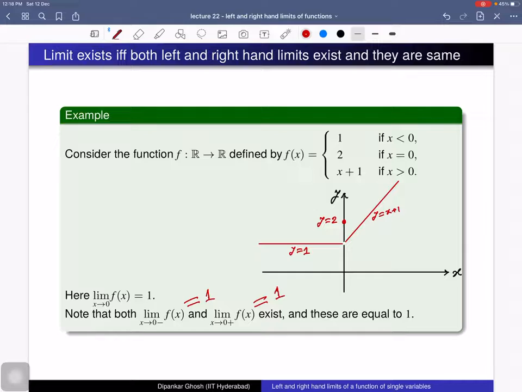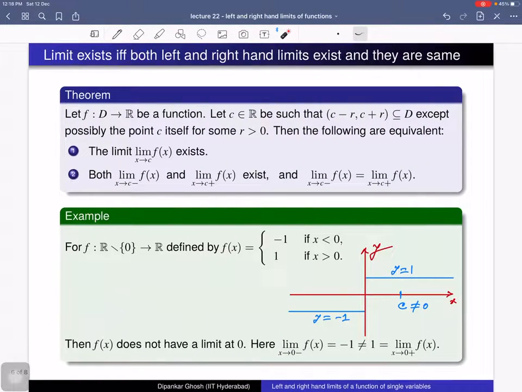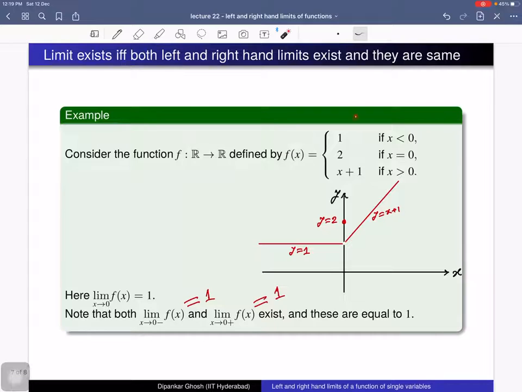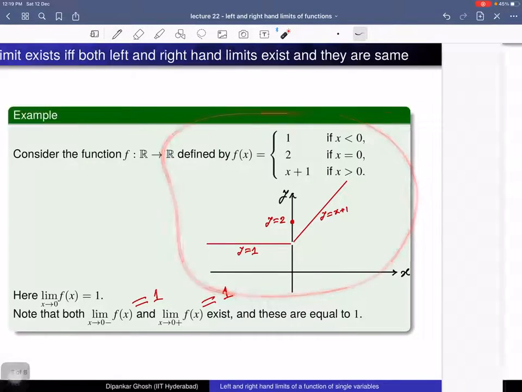So in this case both left hand limit and right hand limit exist and both are equal to 1. So one can conclude that this limit exists and it is the same as 1. So though f of 0 is 2, the limit at x equal to 0 of f of x is just 1. Okay, so one can verify this theorem for this example. Okay, and that's all.